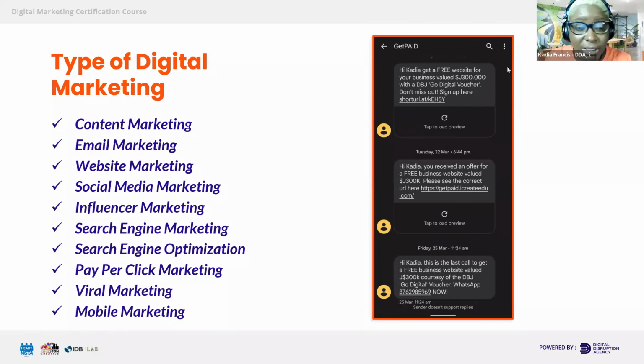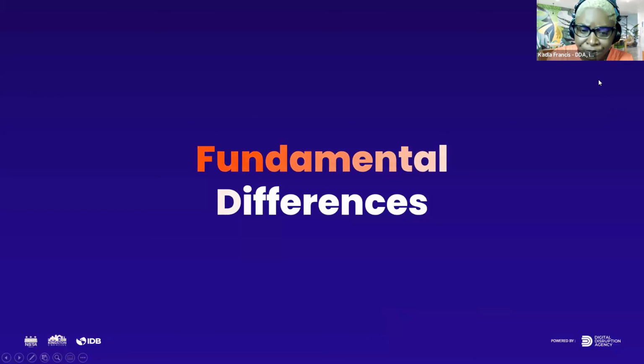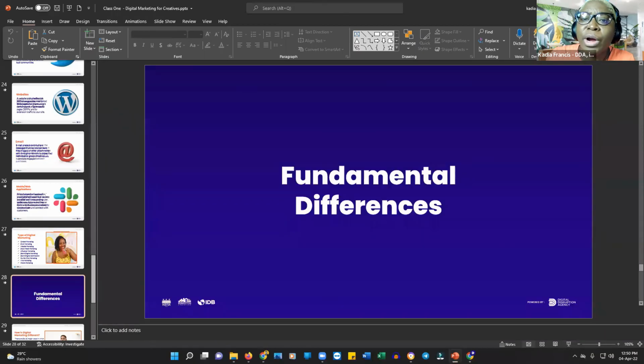I have to stop here because I've gone way beyond 12:30. So next week, we're going to look at the fundamental differences between digital marketing and traditional marketing, and then we're going to close out by looking at an integrated approach to marketing, because some may feel digital marketing is better, or traditional marketing is better.